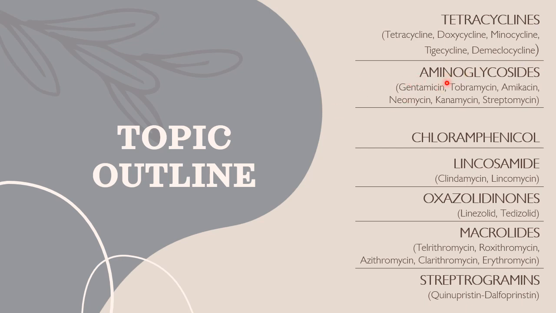Under your aminoglycosides, we have a lot of aminoglycosides, but the more common agents are the following. So I have a memory aid for this one, GTAKNS, okay, G for gentamicin, T for tobramycin, A for amikacin, N for neomycin, K for kanamycin, and S for streptomycin and spectinomycin.